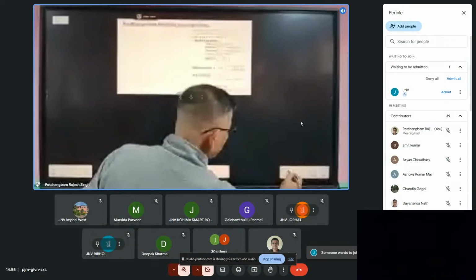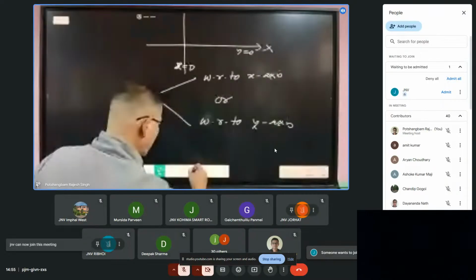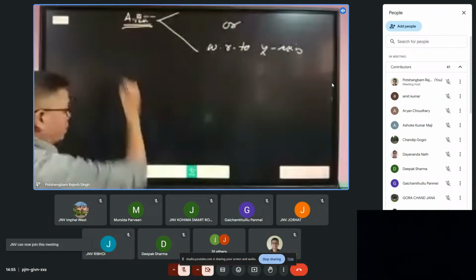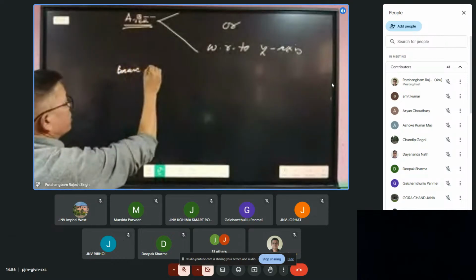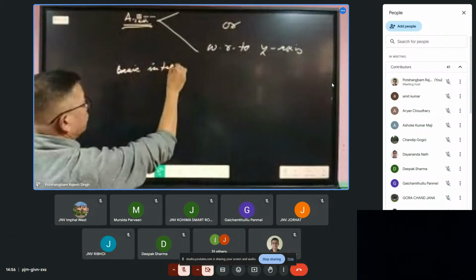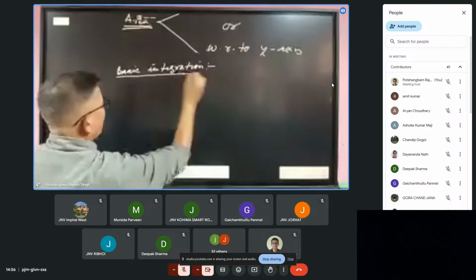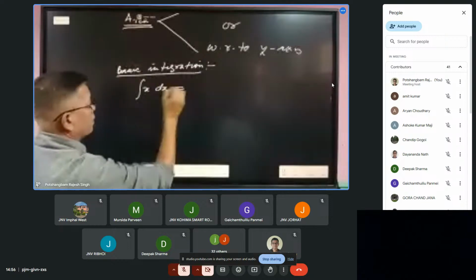Another thing is that we need some basic integration, like integration of x with respect to x.